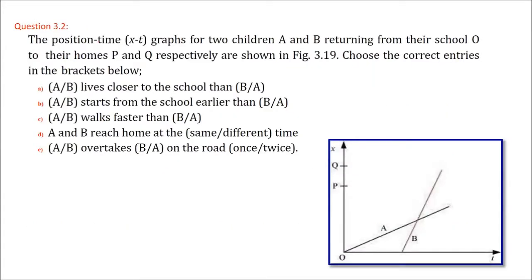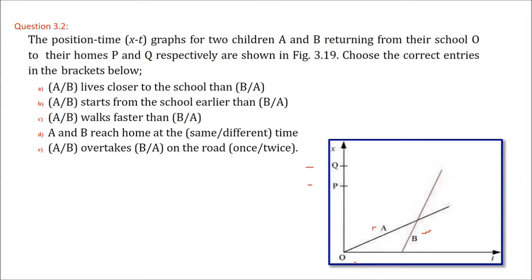The position-time x-t graph for two children A and B returning from their school O. This is the graph of A, this is the graph of B, and their houses are at P and Q. We have to choose the correct entries from A/B or B/A.